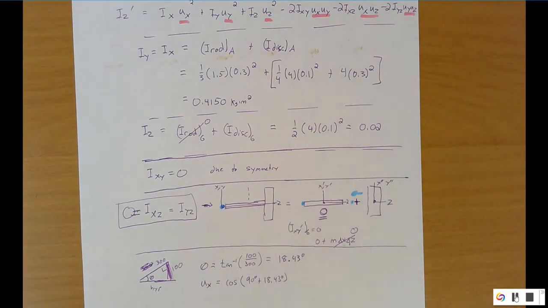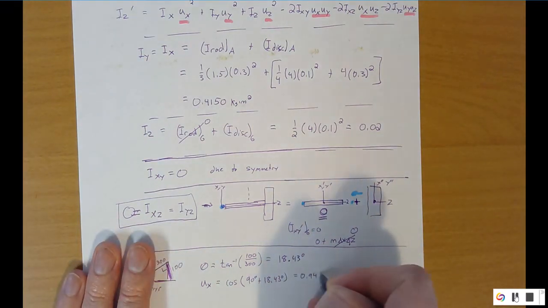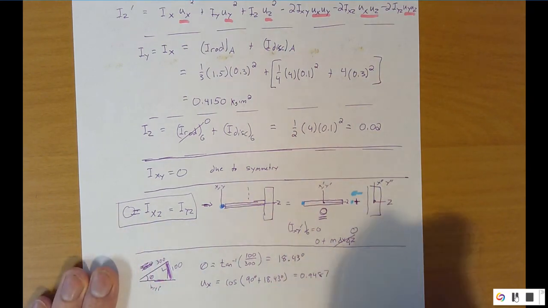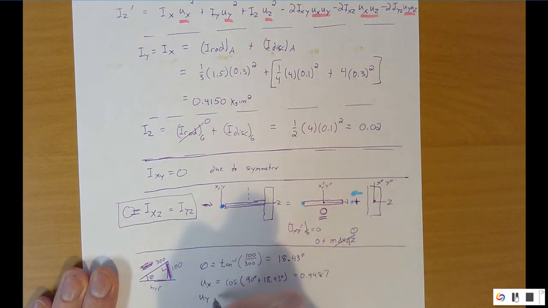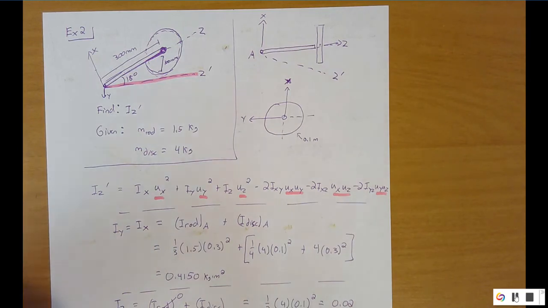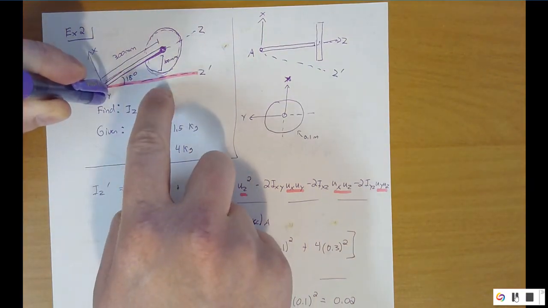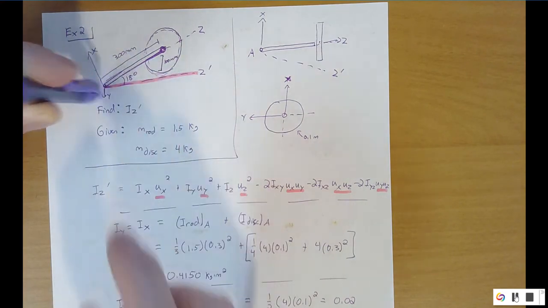And it is negative 0.3162. My uy is just cosine of 90 degrees. So again, y is basically just straight out of the page here, and so I'm just going to go straight over there. So 90 degrees. Cosine 90 degrees is 0.